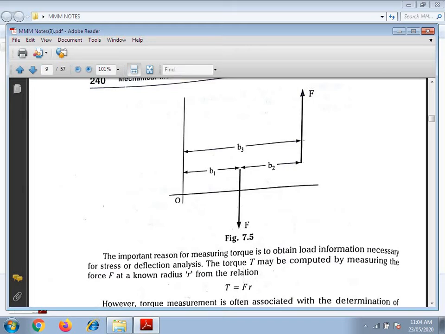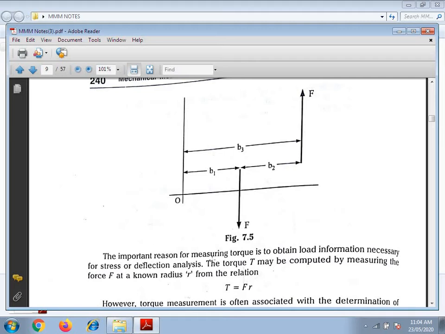Okay, this is one F, another F. So we can say the couple or torque is F, this FB1 minus FB3, and O is considered. So this is nothing but FB2.